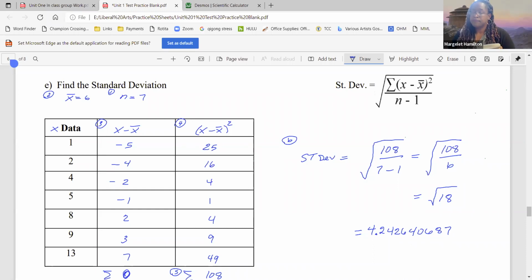Okay, hit the second button and then you get the square root button. Okay. And it should pop up on your screen with a parenthesis open. And then fill in your parenthesis. Either you're going to put in 108 divided by 6 or you're going to put in 18. And then push enter.